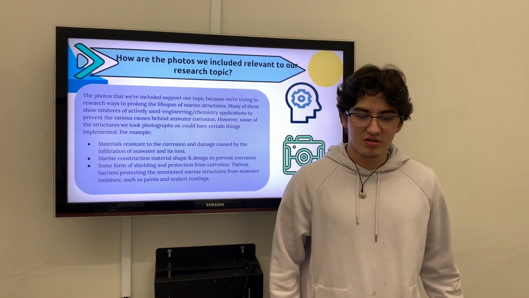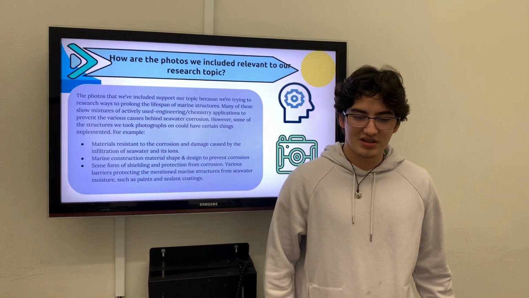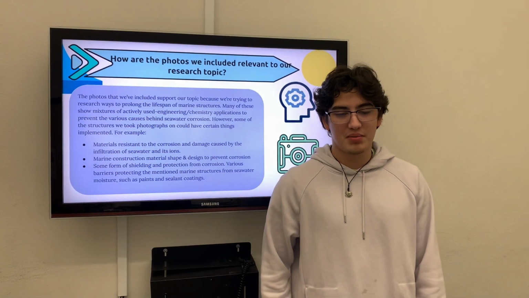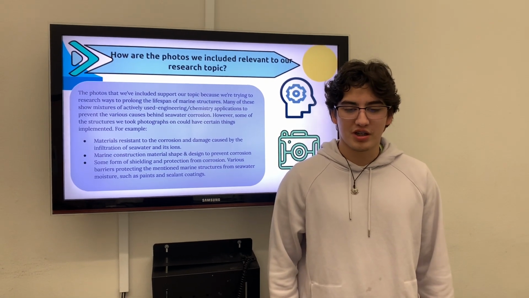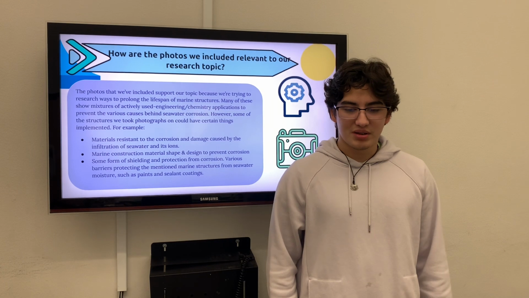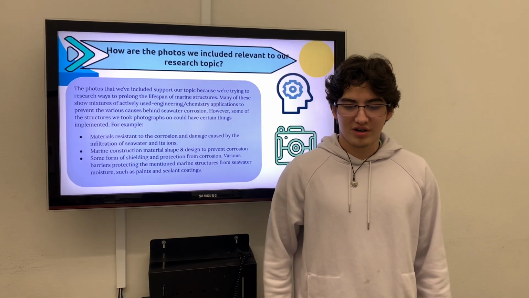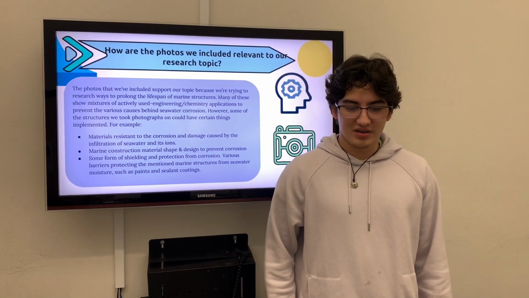Many of these have shown mixtures of actively used engineering and chemistry applications to prevent various causes behind seawater corrosion. However, some of these structures we took photographs of could have certain things implemented.